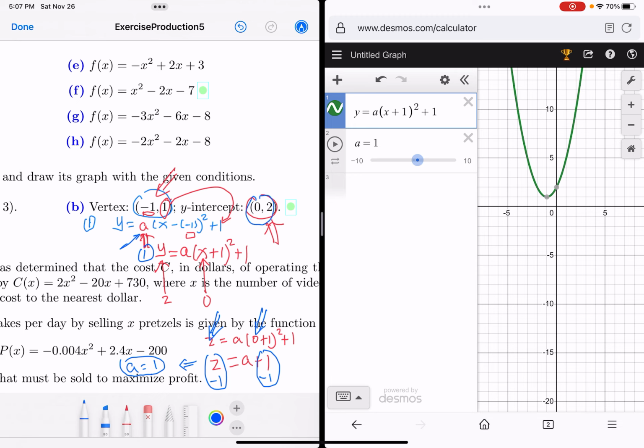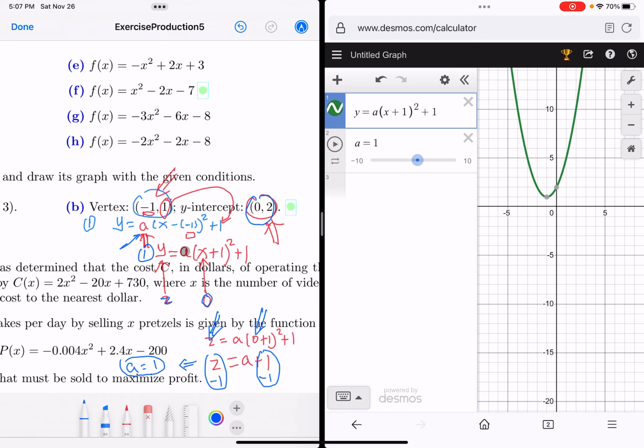You plug into the equation right here, then you solve for a. 0 plus 1 is 1. Squared is still 1. 1 times a is a. And then plus 1. So a plus 1 is 2. Then a must be 1 because 1 plus 1 is 2. So you got a is 1.